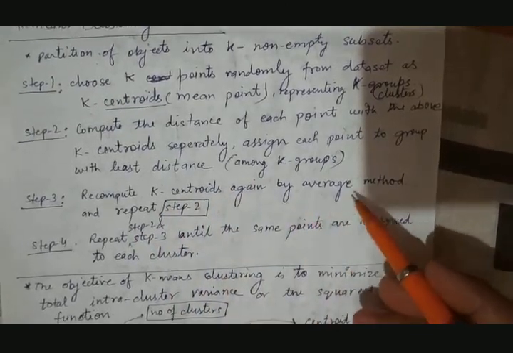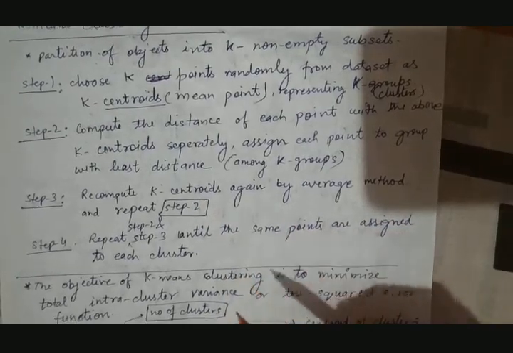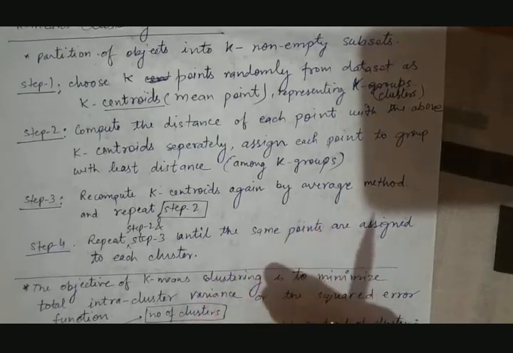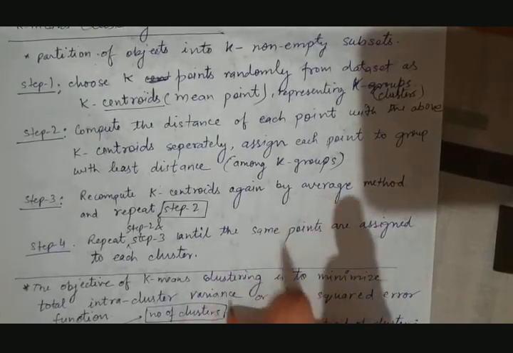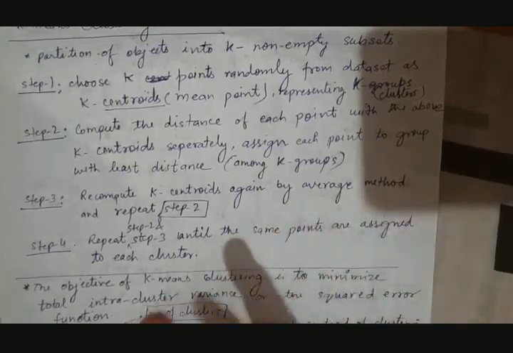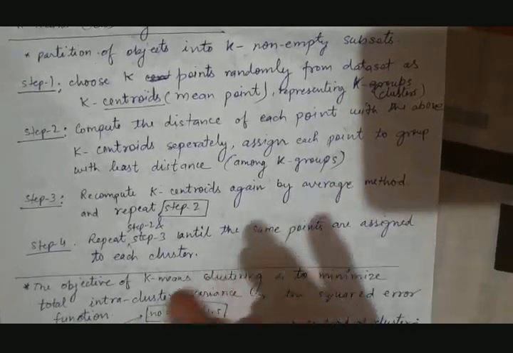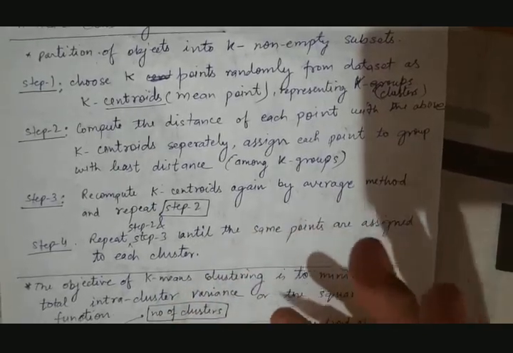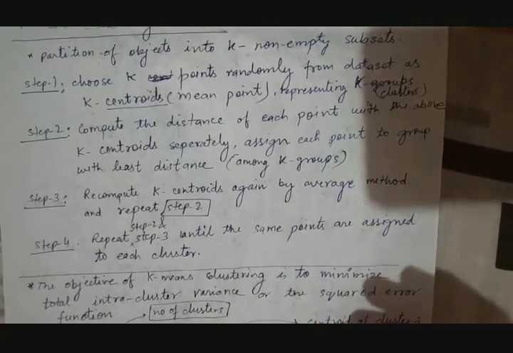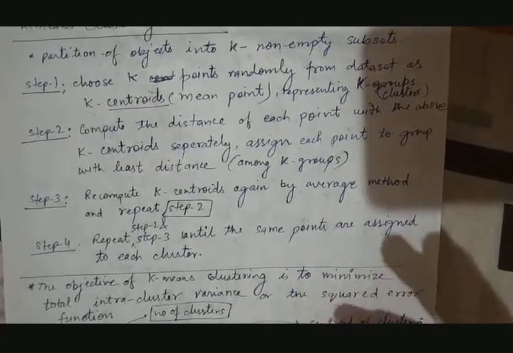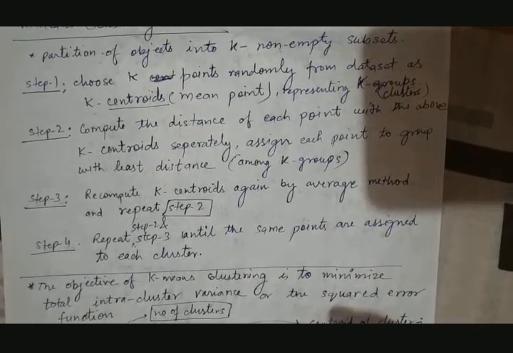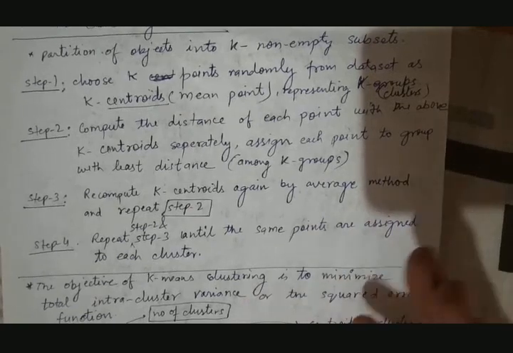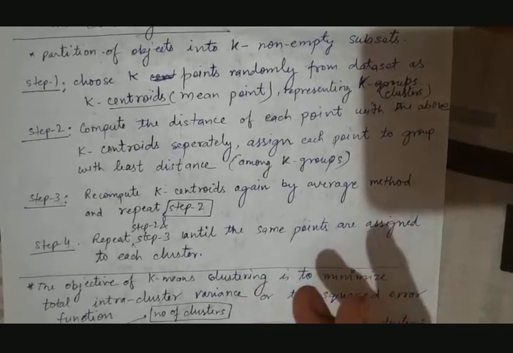Suppose in cluster K1 there are k data points, each with two coordinates: x1, y1, x2, y2, x3, y3. We find the centroid as x1 plus x2 plus x3 up to xk divided by k, comma, y1 plus y2 plus y3 up to yk divided by k. This is how we find the updated centroid value of any particular group.